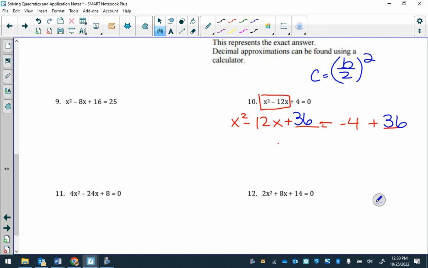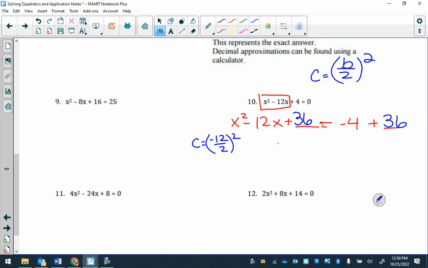Okay. So we take our b value, which is negative 12. So to find our new c, negative 12 divided by 2 squared, that's how we get 36. Now, how can you factor the left-hand side? x squared minus 12x plus 36.